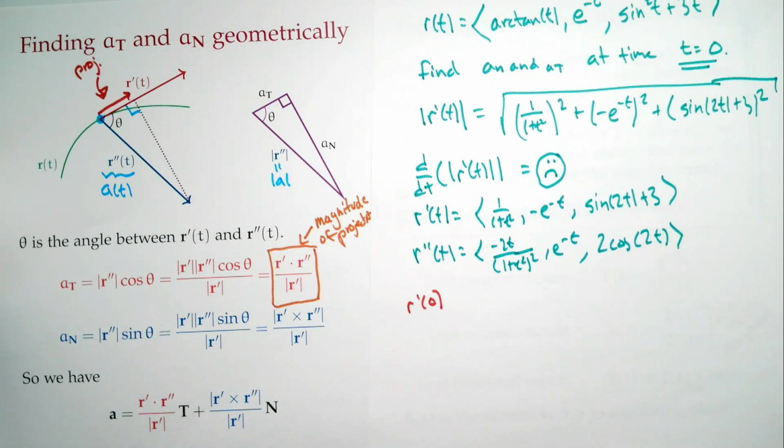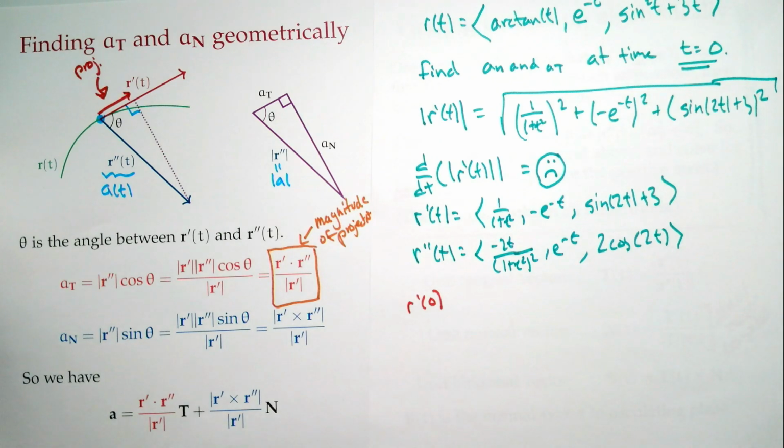See, the nice thing is when you have to evaluate at a particular point, knowing that you're looking for an a sub t or an a sub n at a particular value gives you power. Because it says, I know I need to evaluate. And the question is, when do you do it? The answer is, as soon as you possibly can.